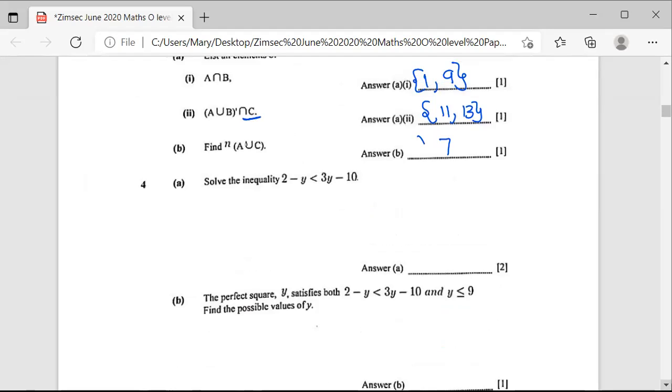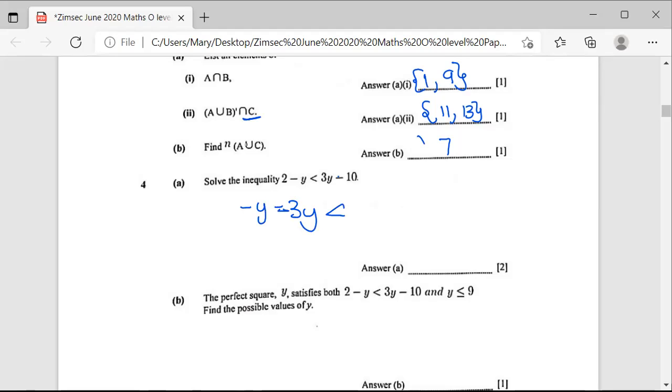4A, you are required to solve the following inequality. The way you solve inequality is the same way you solve what? Equations. You take minus y, minus 3y, because if that 3 goes to that side, it's going to be negative, and this 2 goes to that side, it's going to be negative again.